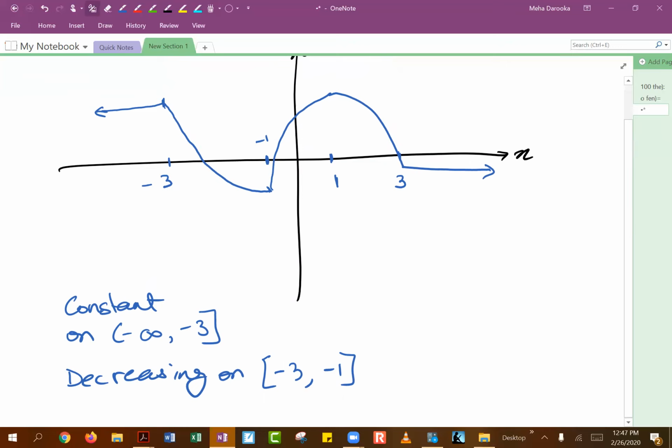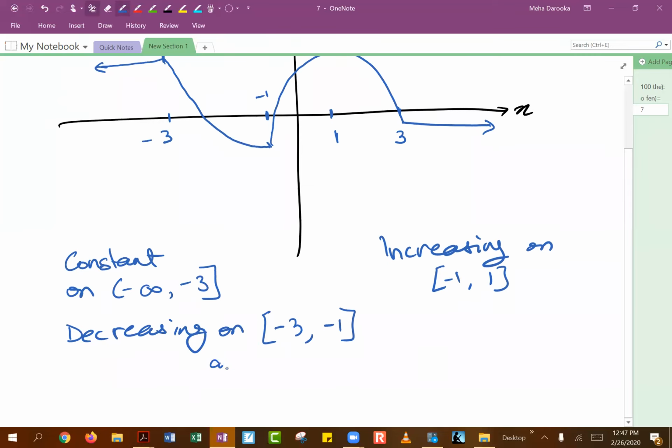All right, going from -1 to +1, what's happening? Increasing, very good. One, two, three. Decreasing, very good. Ah, there I go again.